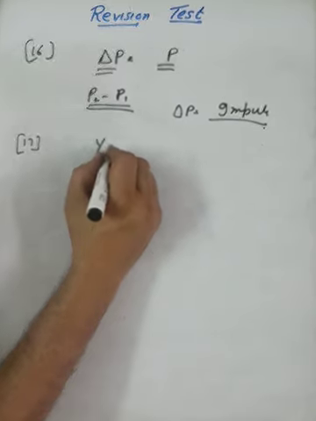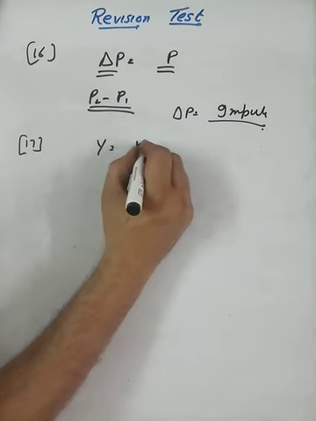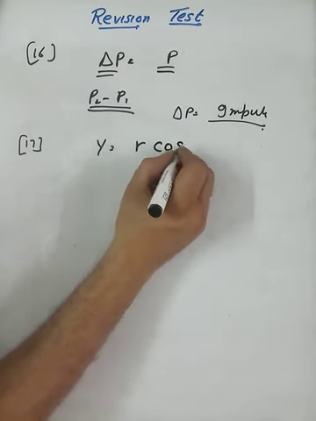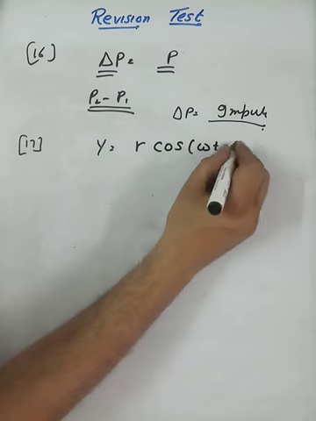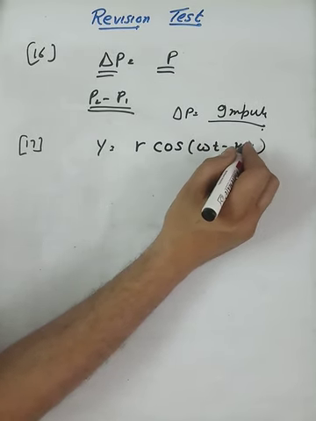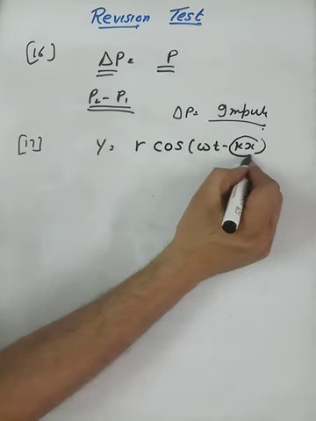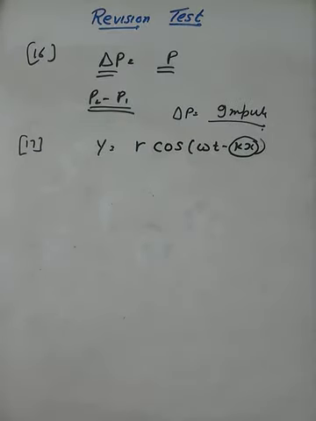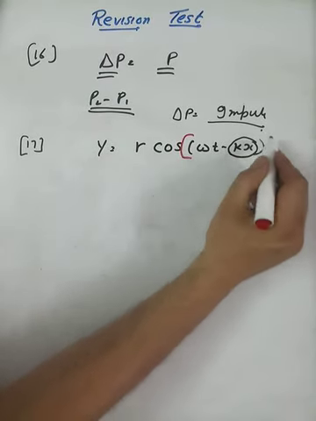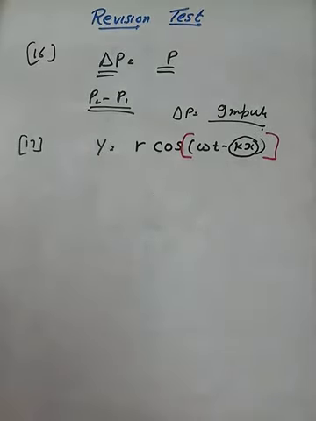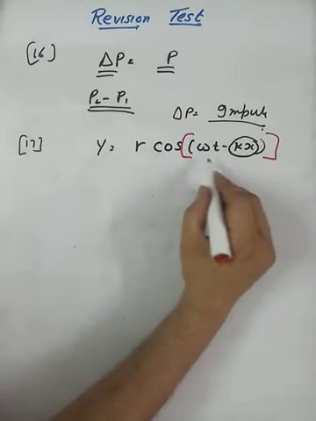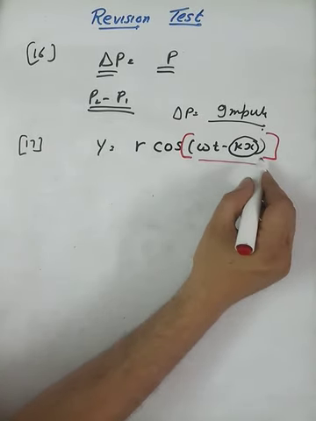Many students have a problem in this question number 17. In the relation cos(omega t minus kx), you have to find the dimension formula for kx. The angle of cos or sine is dimensionless.